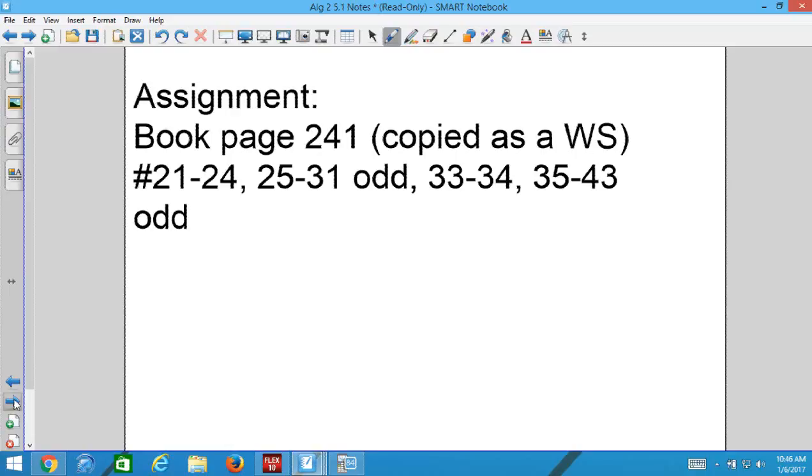There will be places for showing work, so make sure you are showing work where applicable. If it says type it in your calculator, there's not really points for work, but for the solving. Okay, well, get started. Number 1.